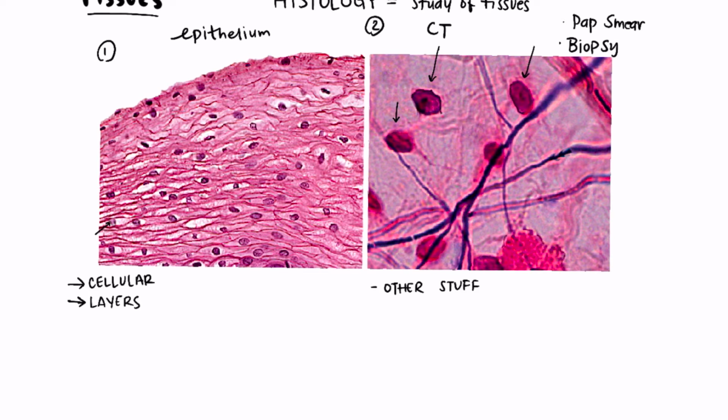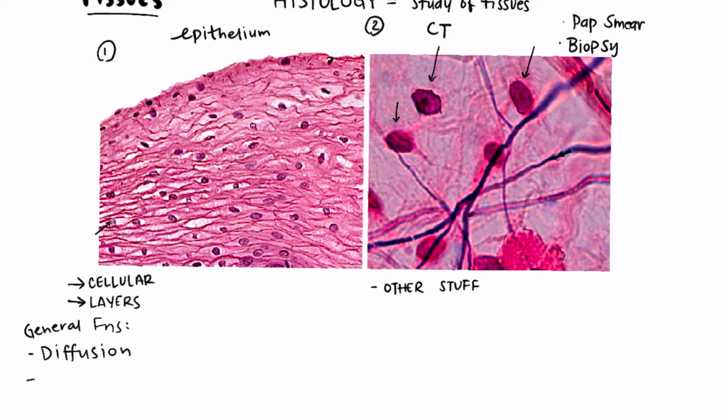Because of the organization of epithelium, the general functions of epithelium are kind of just to be a membrane. So if you can think of allowing things to pass through or not. So it could be for diffusion.